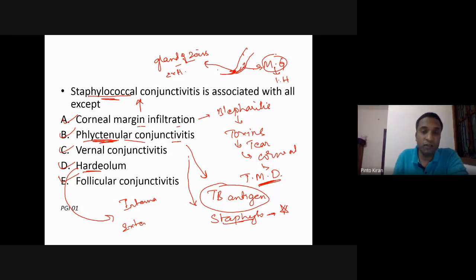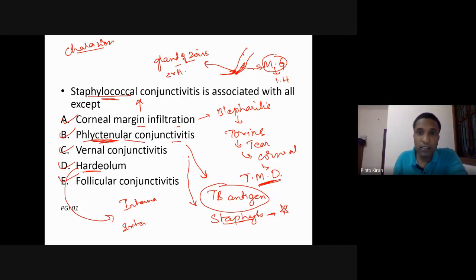And what is a chalazion? One more term related to this word is chalazion. You should know what a chalazion is. Whenever the pore of the meibomian gland gets closed, there will be collection of the secretion inside, because the meibomian gland is a sebaceous gland that secretes sebum.